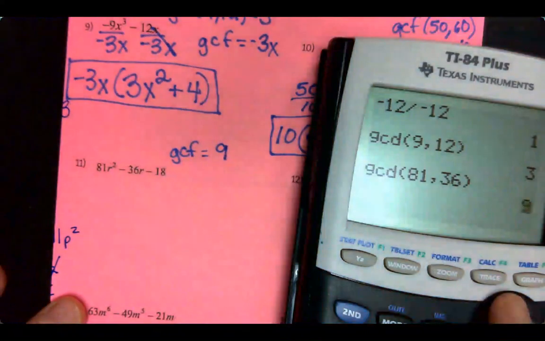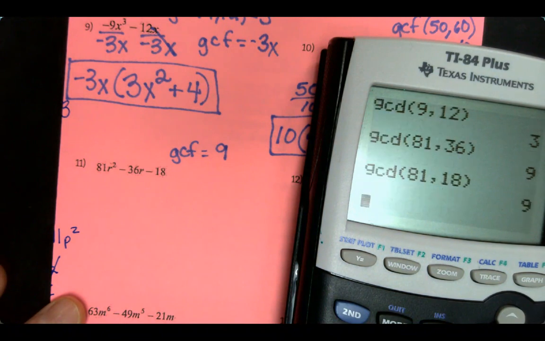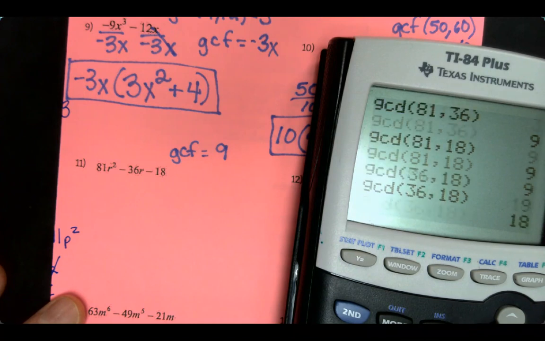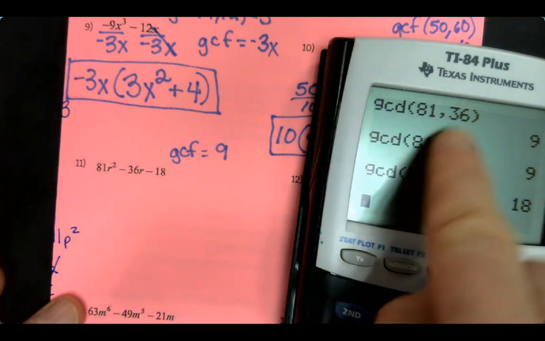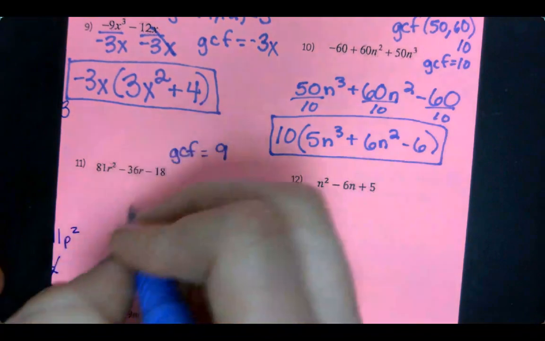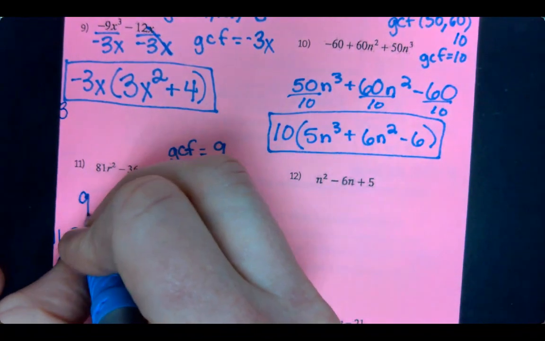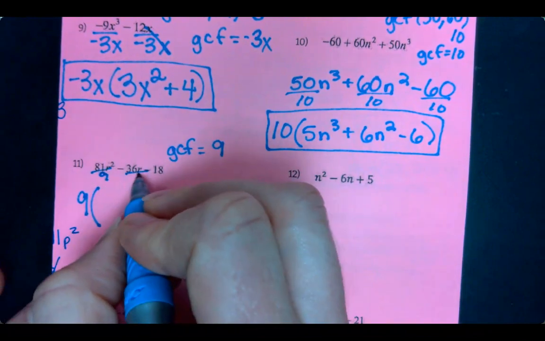But then if you do 36, you get 18. But 18 is not the other one, so you're looking for the least. So it's actually 9. No variables in common, so we're going to do a 9 here. We need to divide everything by 9.